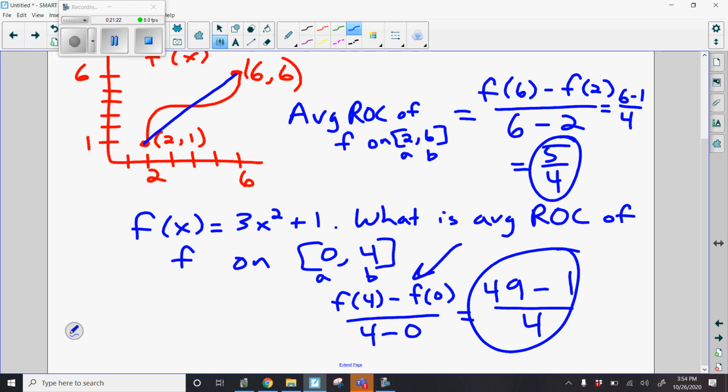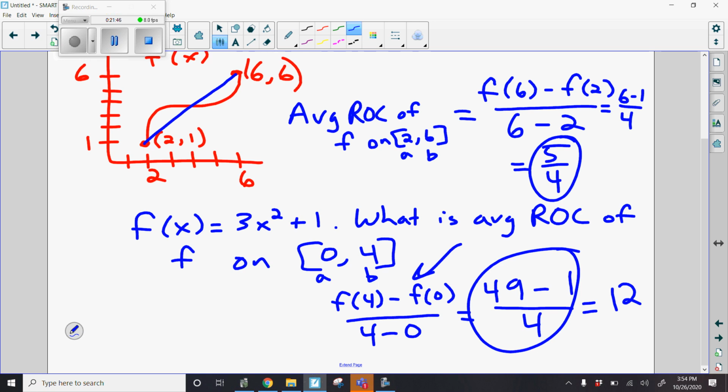Now, if it's multiple choice, they're never going to leave it as 49 minus 1 over 4. They're going to say 49 minus 1 is 48. 48 divided by 4 is 12. So we need to be able to simplify it for multiple choice purposes. But if it's a free response, just circle your answer once you got it in all numbers.